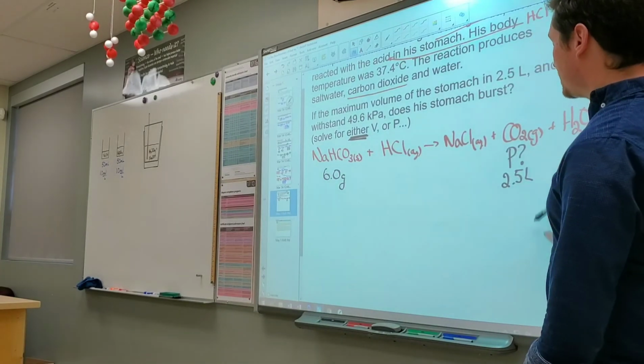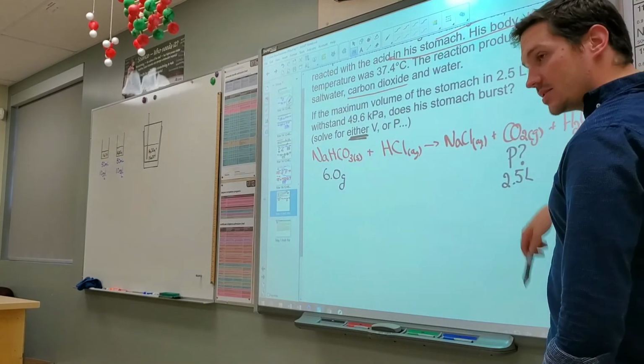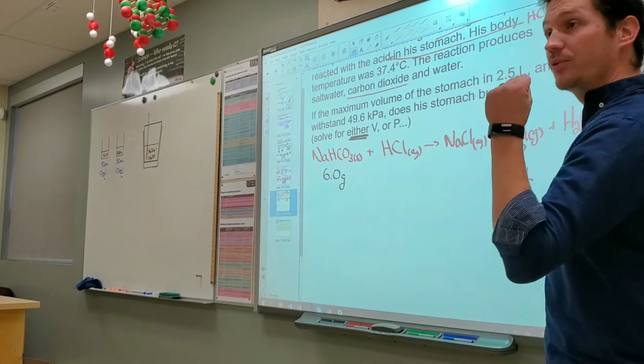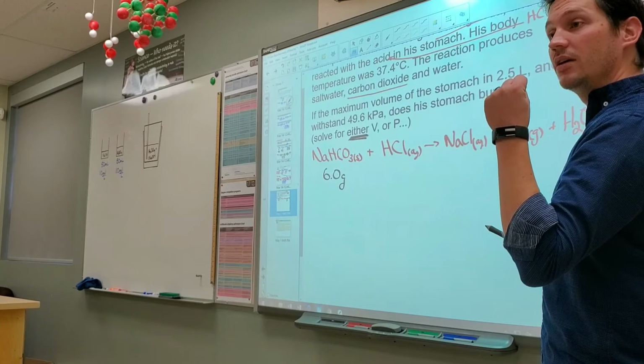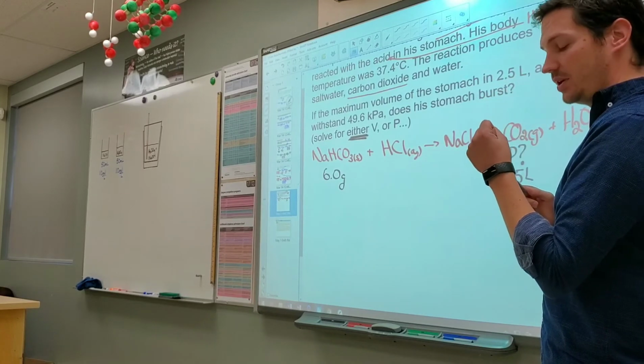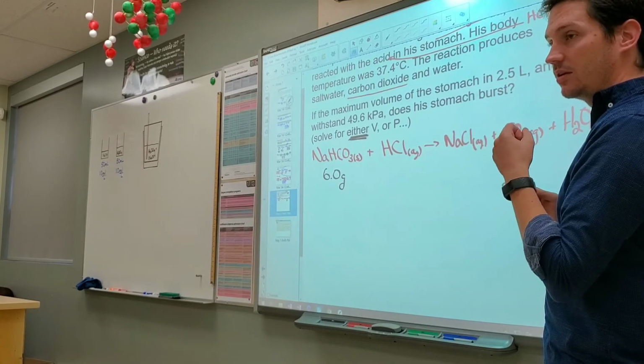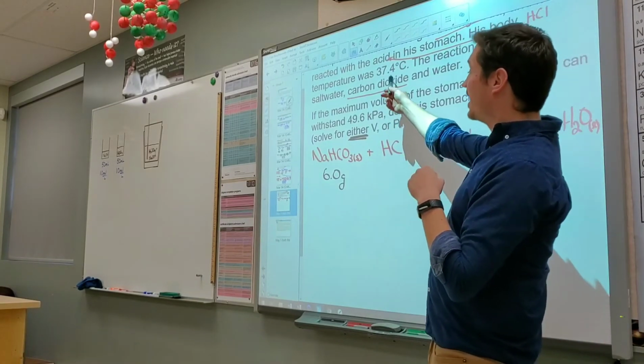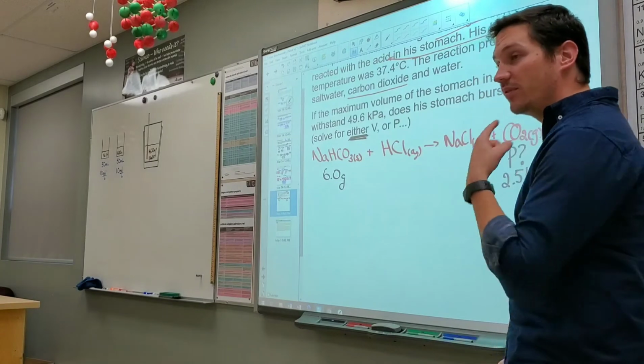And what else do we typically need to know about gases? Pressure, volume, temperature. What do you think the temperature will be of the gas that's created? His body temperature is 37.4 degrees Celsius.